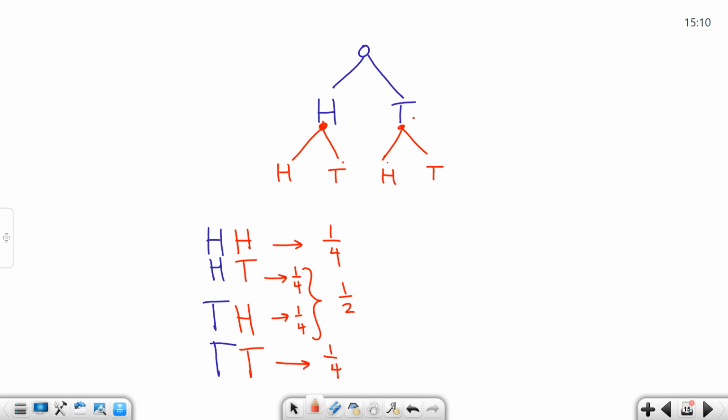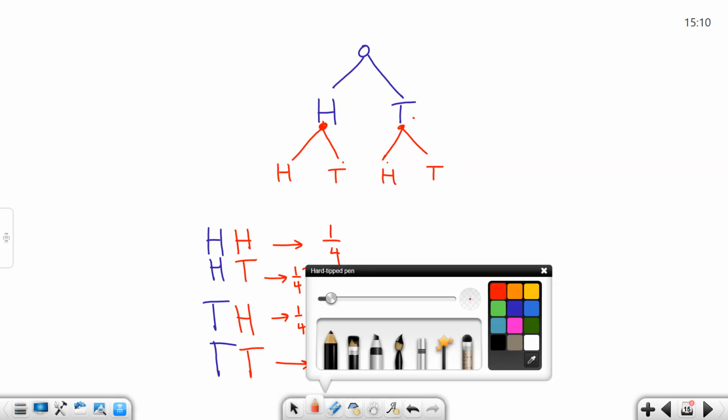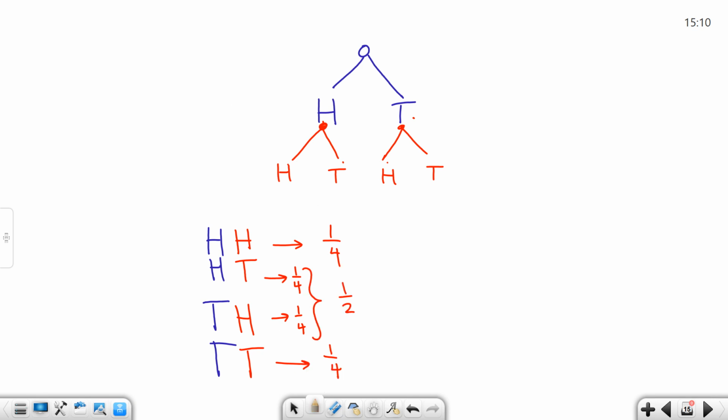Now let's go back to our problem from earlier. If you get 2 heads, the winnings are $10. The probability of that happening is 1/4, and you win $10. So it would be the probability times the value that you get for winning it.